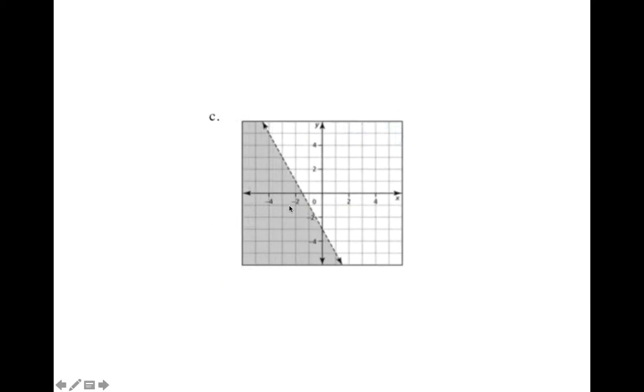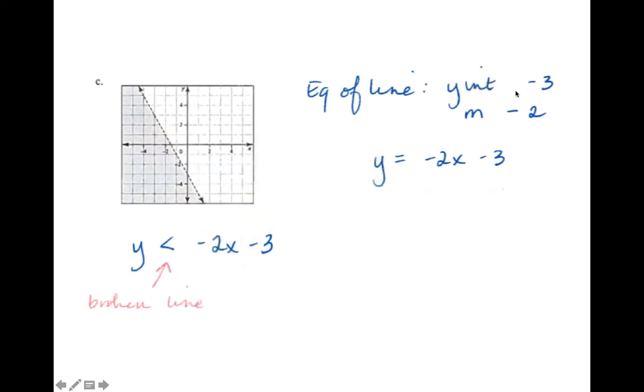Okay, and then this one, we're looking at a new line. So now we have a y-intercept of negative 3, and it looks like our slope is down 2 and over 1 for this one. So when we write it, we have our y-intercept negative 3, our slope of negative 2, so we put in our equation. You can tell that it's not going to be equal to the actual line because of the dotted line.